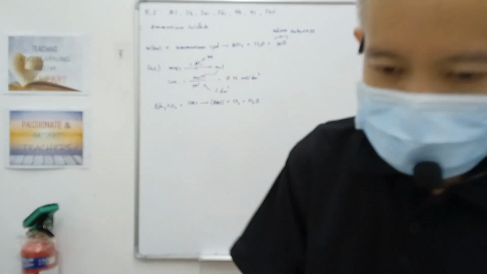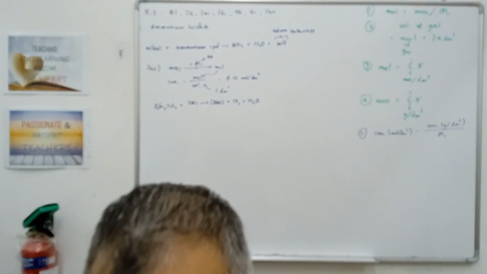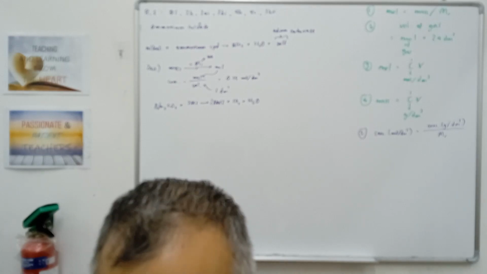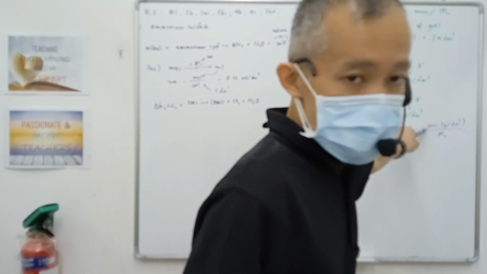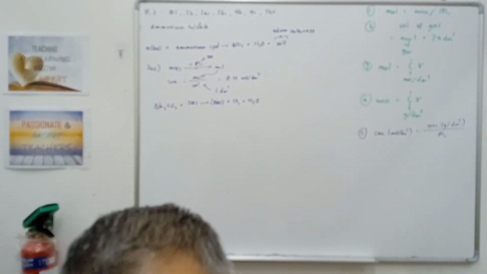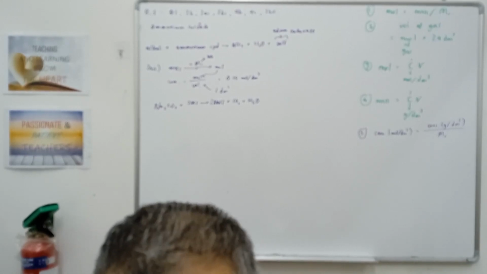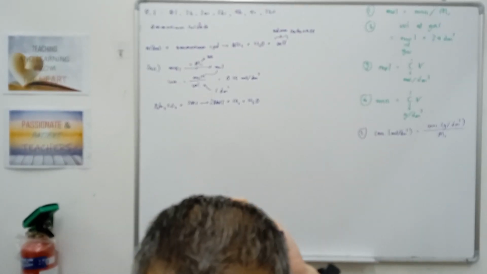So that is equation 5. You are given concentration in gram per dm cube. You know the Mr. Just divide by the Mr and you get your concentration in mole per dm cube, which is in this case 2.